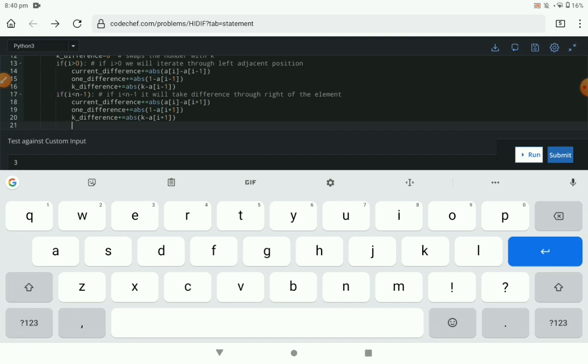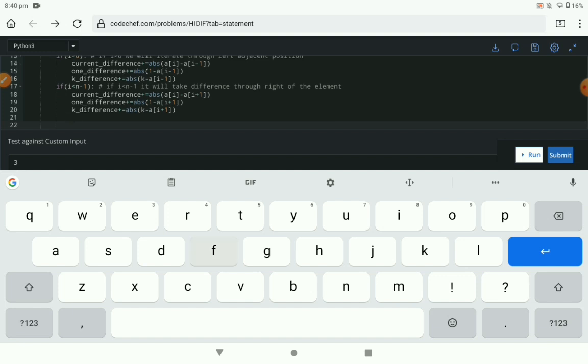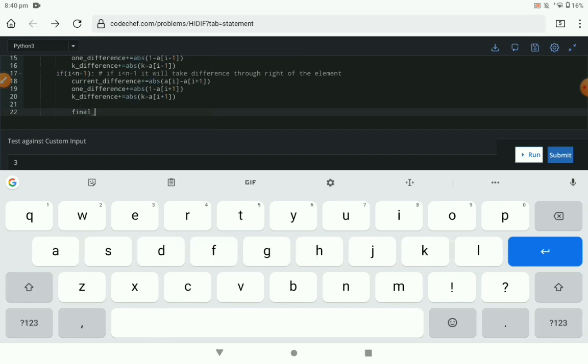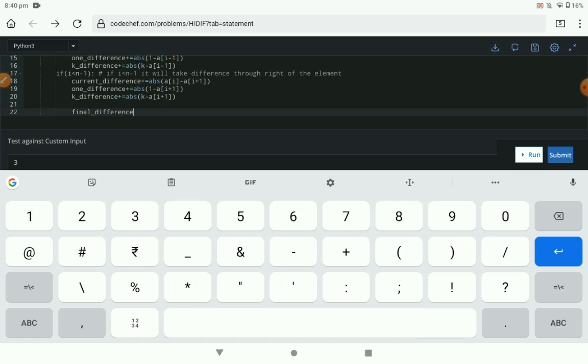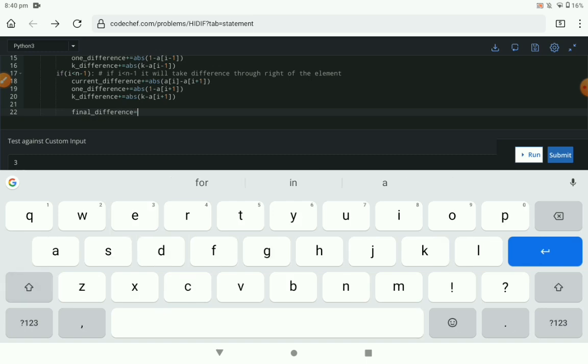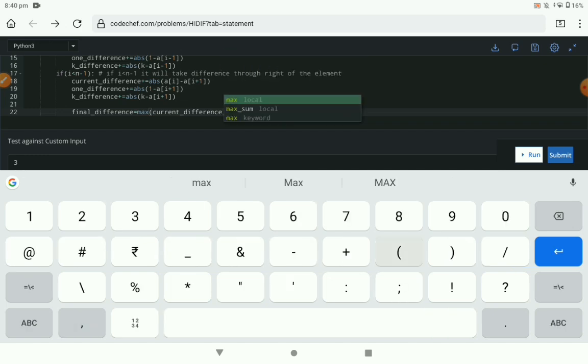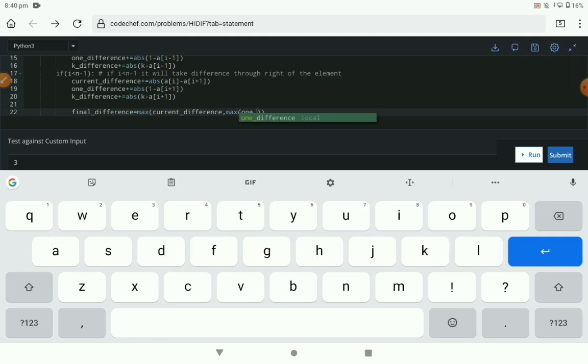Now we will take a final difference. For the final difference we will take the maximum of current difference, and the maximum of one difference and k difference.